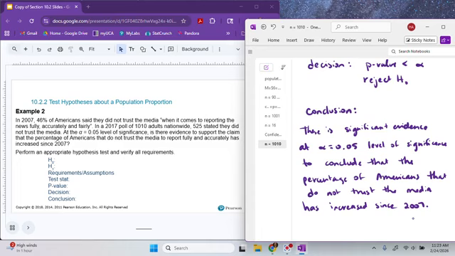Okay. Another thing we could have said at the end is the percentage of Americans that do not trust the media is greater than 46%. So we could also say that.